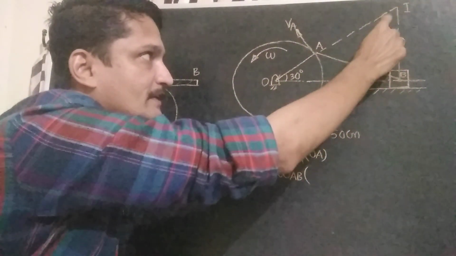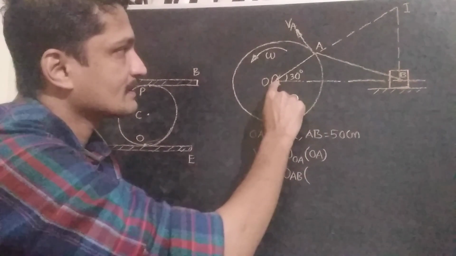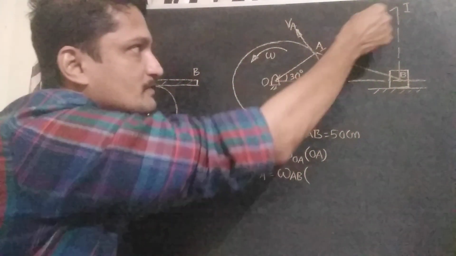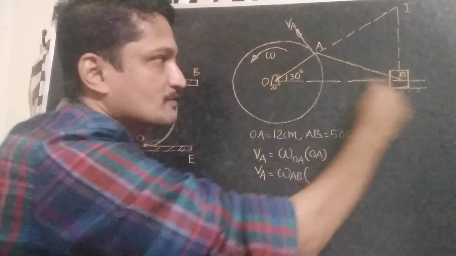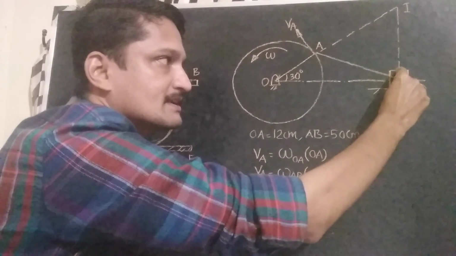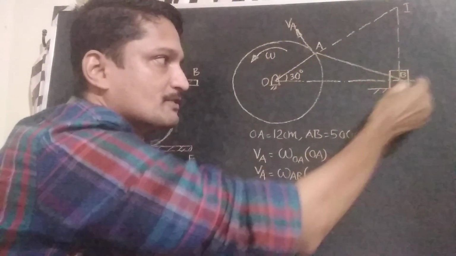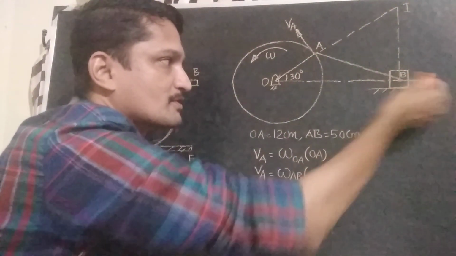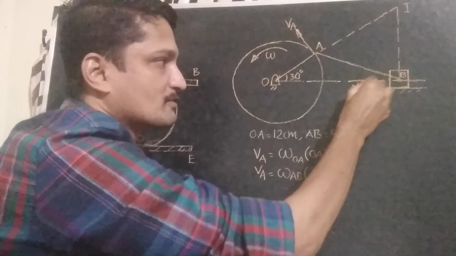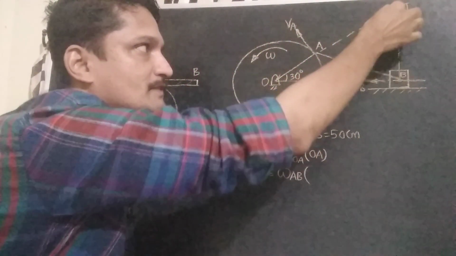Here we can find the instantaneous center by drawing a line perpendicular to VA, and a line perpendicular to the horizontal direction, because the velocity of B is horizontal. The radial distance from the instantaneous center must be perpendicular to that velocity. Here VB is always in the horizontal direction, so the perpendicular line must be like this one.